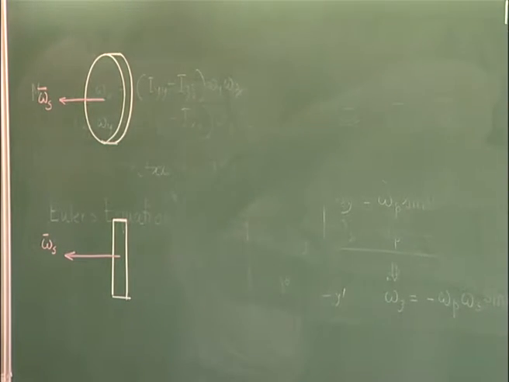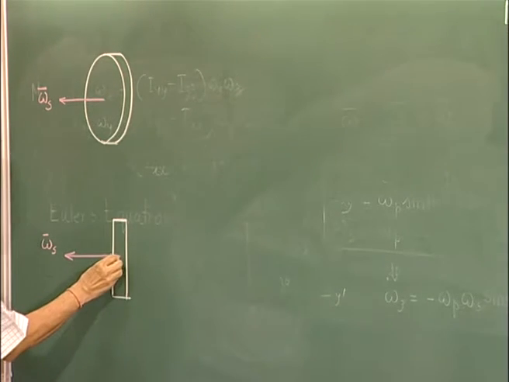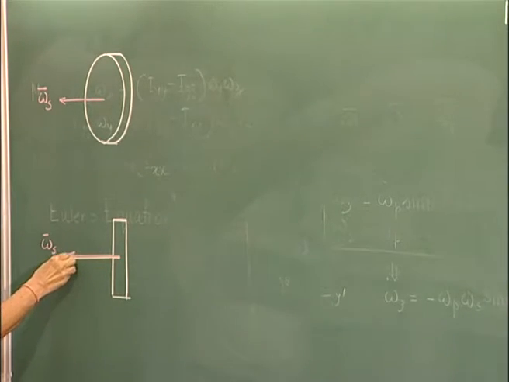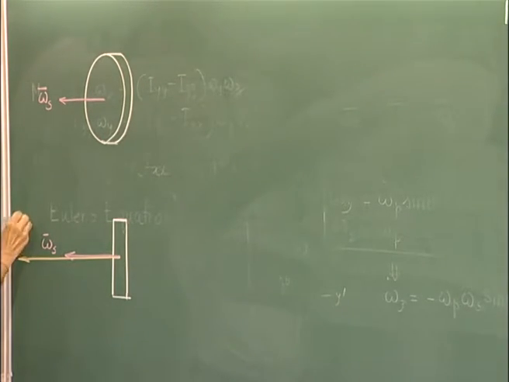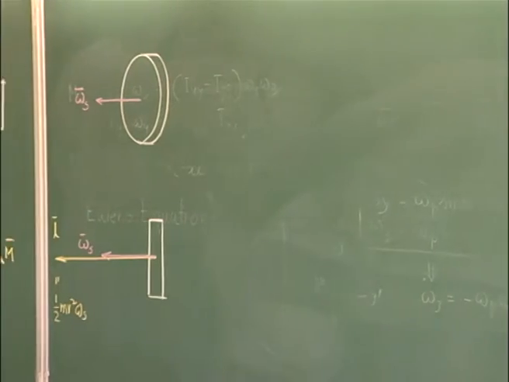When this is a large spin, we can also say that this is the angular momentum vector, which is equal to the moment of inertia in this direction, that is half mr square into omega s. That is the angular momentum vector of this.